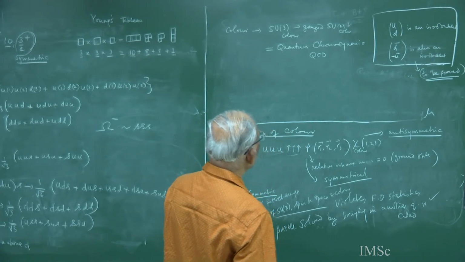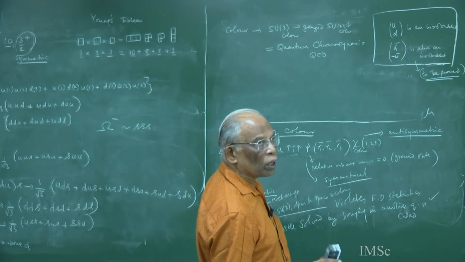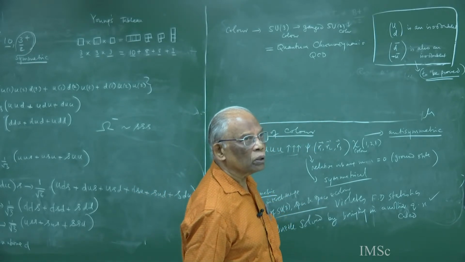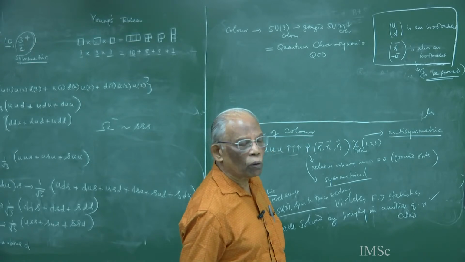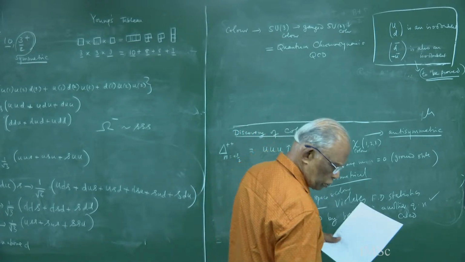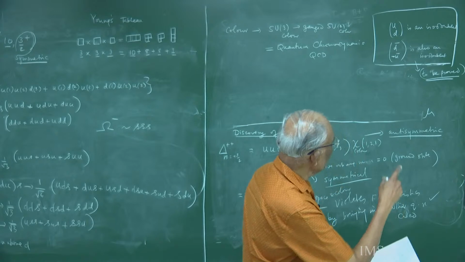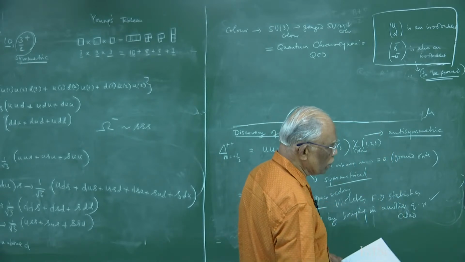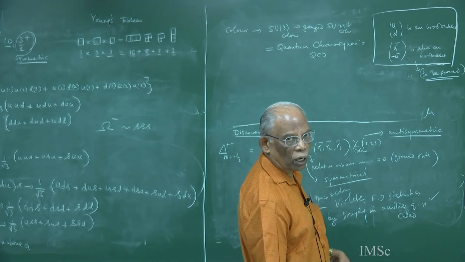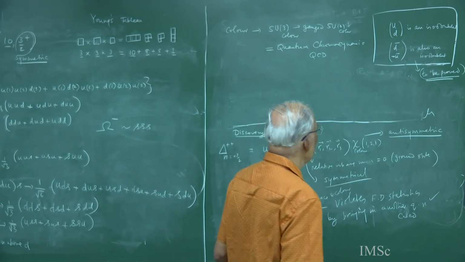Okay. I think I can prove this now. Before proving it, I will do a little bit of mathematics. There are still almost 40 minutes, so 35 minutes at least. That is enough for doing what I want to do. I don't know whether I will be able to prove it, but at least I will introduce the mathematics of SU2 and SU3. I have been talking about SU2 and SU3 symmetries, but what are they mathematically?